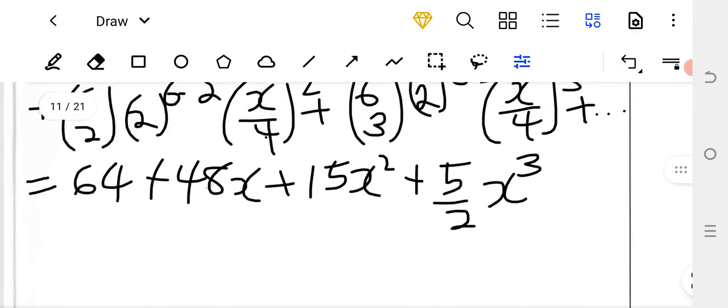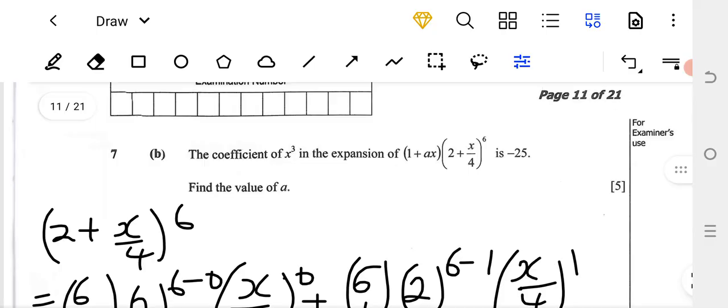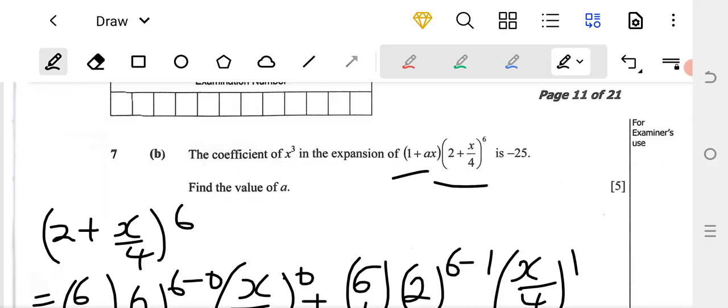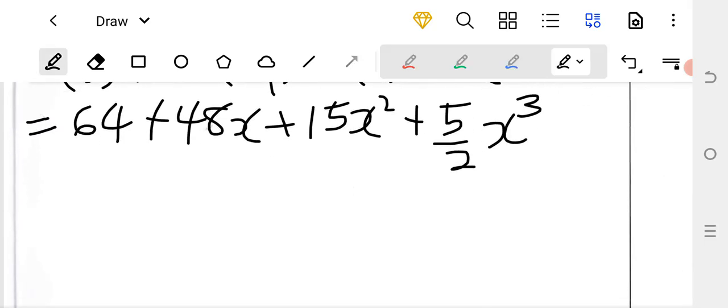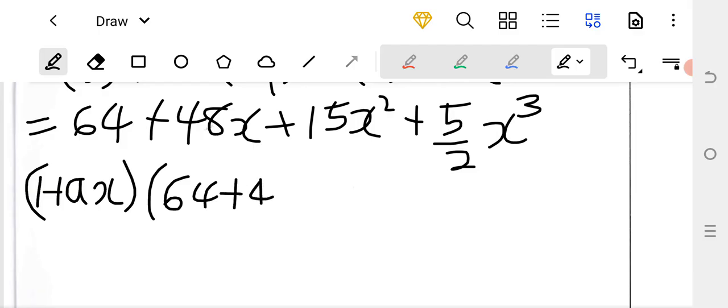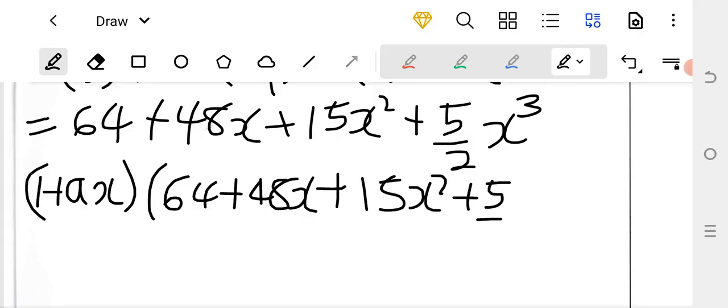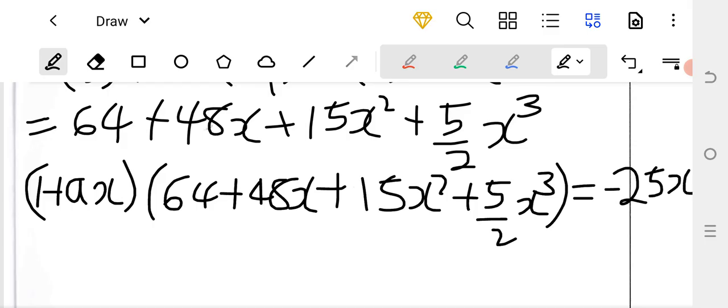So we were saying the coefficient in the expansion of this times this is negative 25. So it's a coefficient of x to the power 3 that we are talking about. So it's 1 plus ax. Okay, so we are going to write that down. 1 plus ax multiplied by 64 plus 48x plus 15x squared plus 5 over 2x cubed is equal to negative 25x cubed.